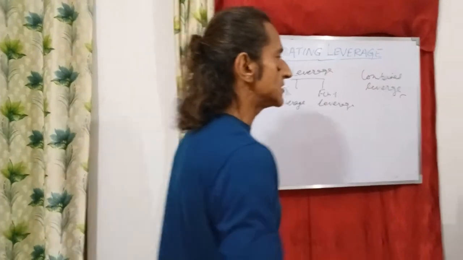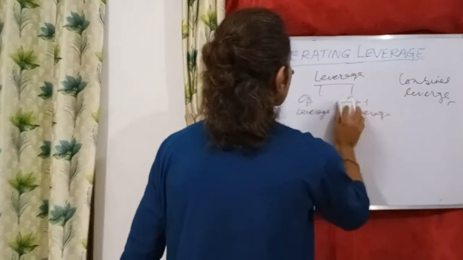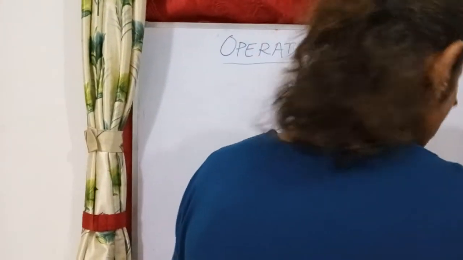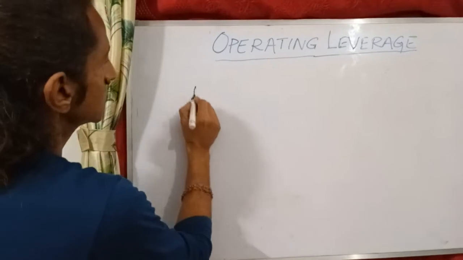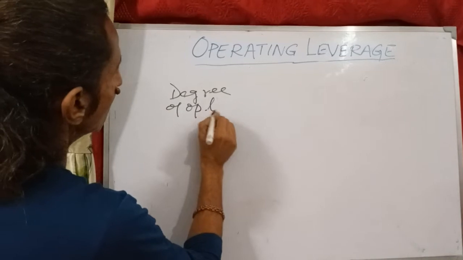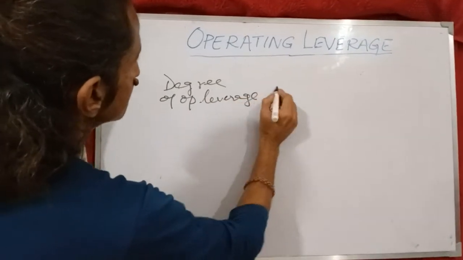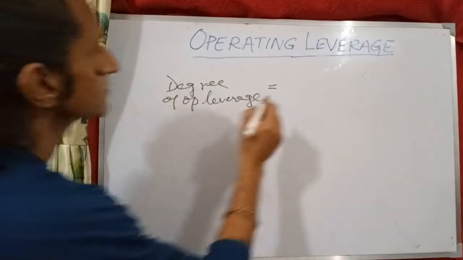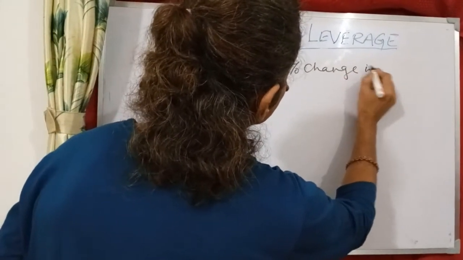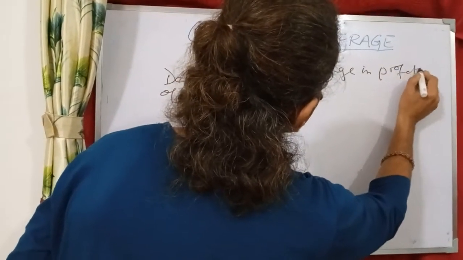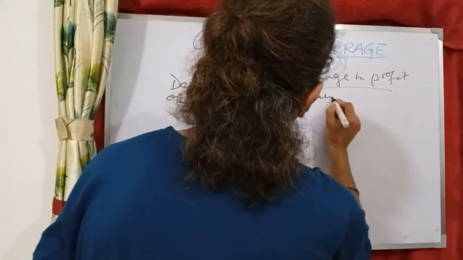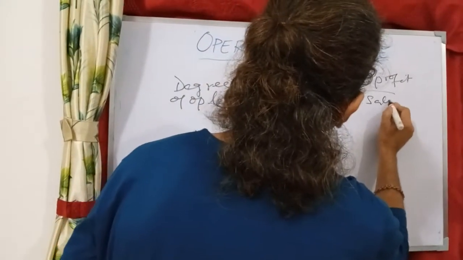So, what is the measure of operating leverage? The measure of operating leverage, that is degree of operating leverage, is equal to percentage change in profit divided by percentage change in sales.